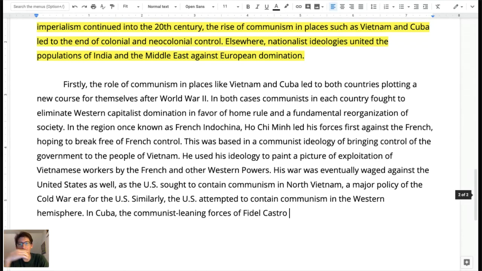So here I've kind of written myself into an area where I want to talk about how communism pushed back against the political order of the United States.